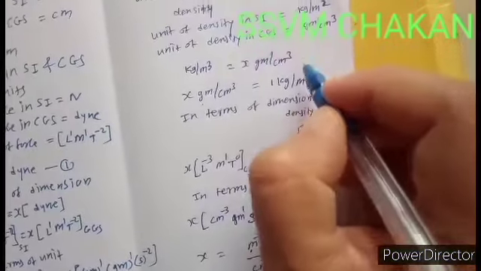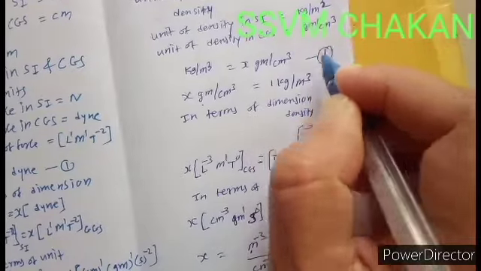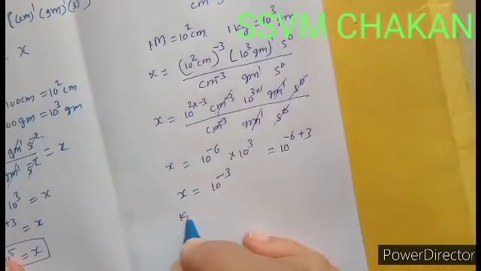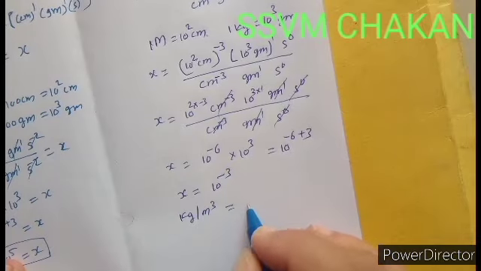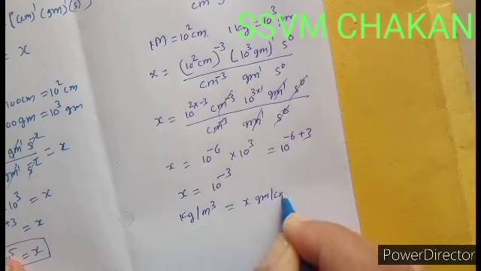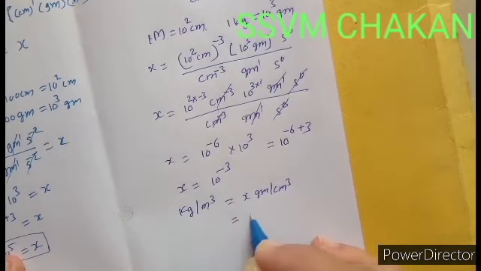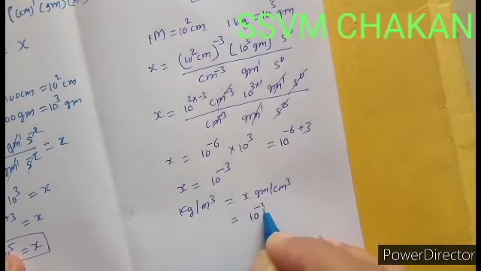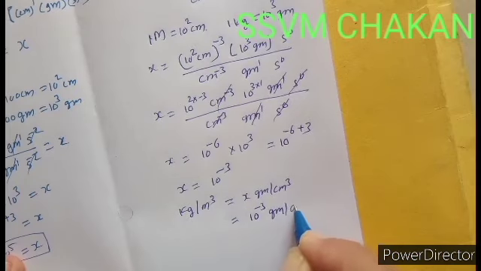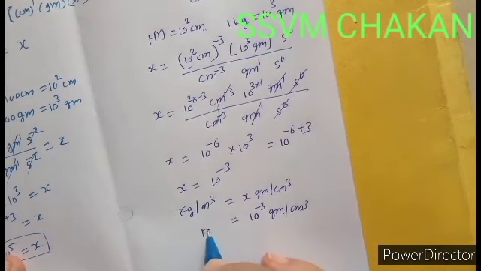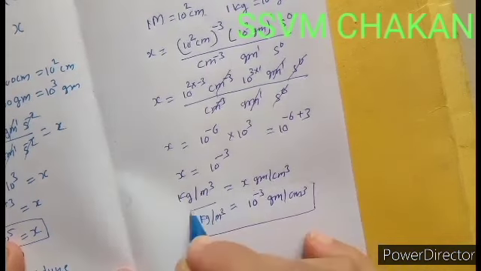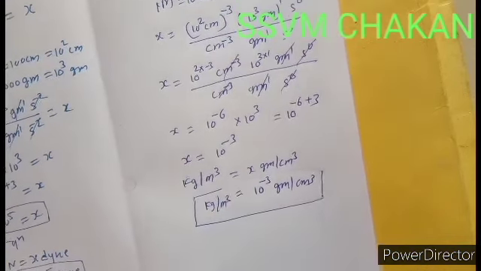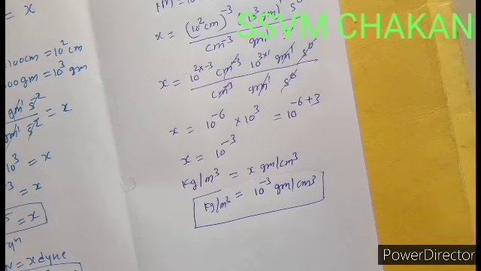Substitute in equation number 1, we get 1 kg per meter cube is equal to x gm per cm cube, which is equal to 10 raised to minus 3 gm per cm cube. So 1 kg per meter cube is equal to 10 raised to minus 3 gm per cm cube.